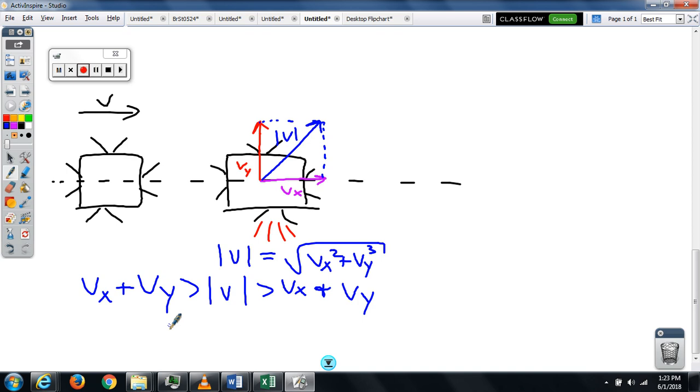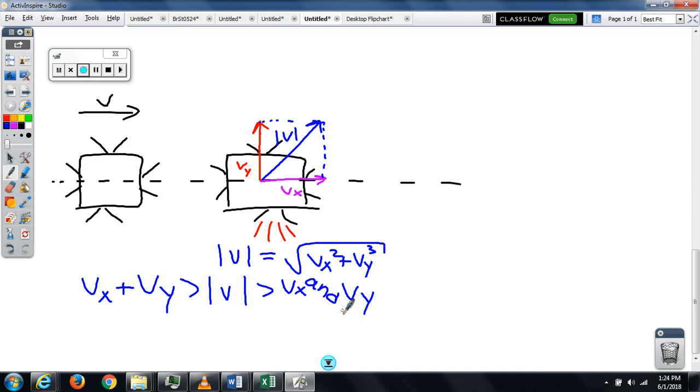This is, so as not to get you guys confused, this was "and," not plus. So meaning that it's greater than Vx, it's also greater than Vy, but it's less than the value you would get by doing Vx plus Vy.